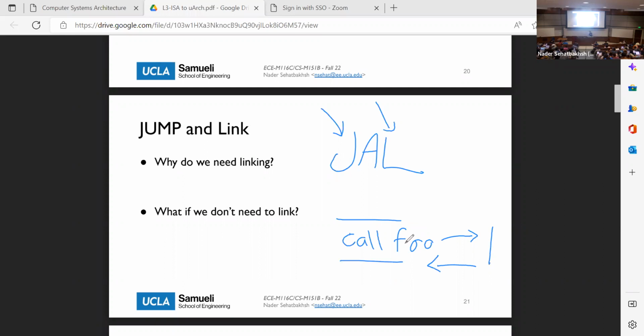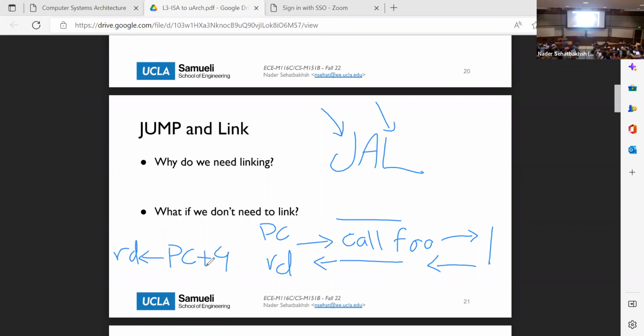So this jump and link makes our life much easier, because it says that whenever I see a jump, I'm going to record this address into a register, into my RD, okay? So whatever the PC currently is, the linking part says write PC plus 4 into RD. Again, why do we need that?